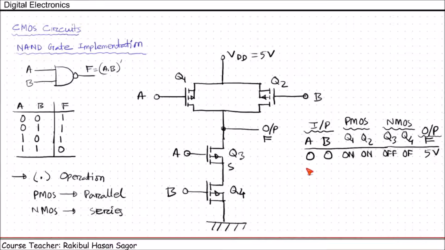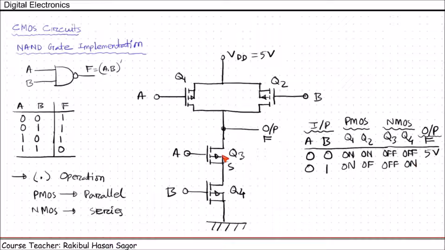Now whenever we give 0, 1, that means A equals 0, B equals 1. For 0, A will be on, that means Q1 will be on and Q2 will be off. Q3, as it is 0, will be off, and Q4, as B equals 1, the gate voltage will be 1, so this will be on.